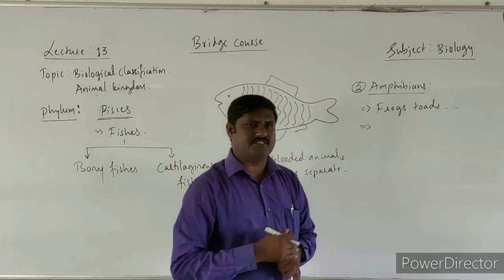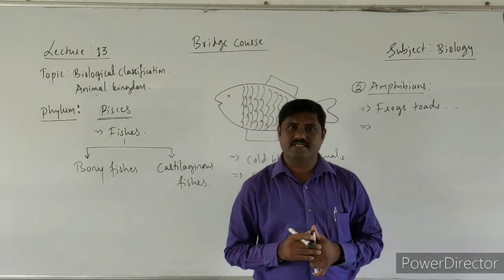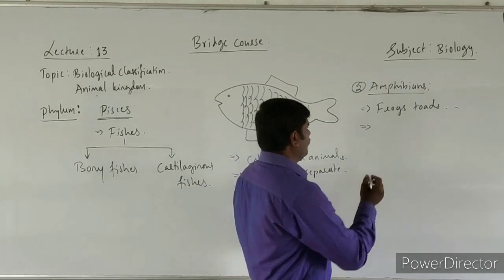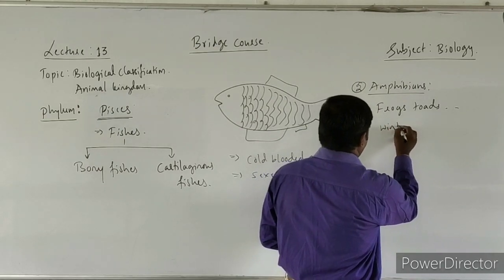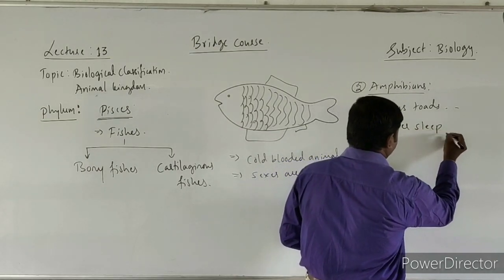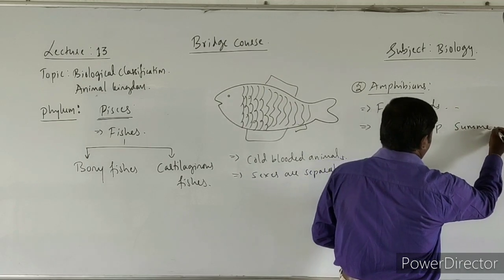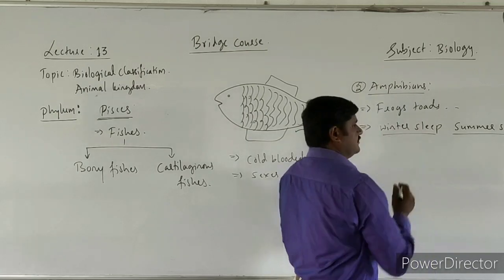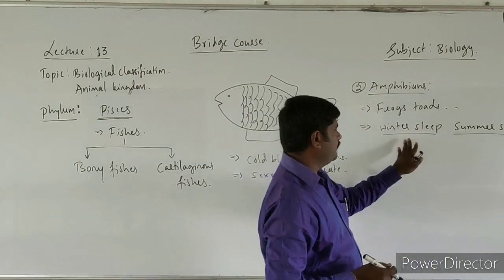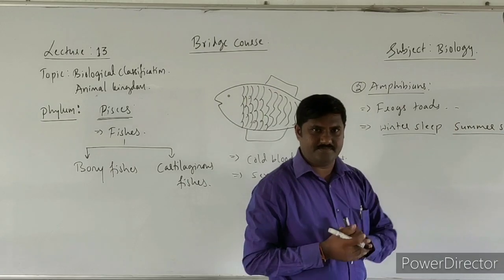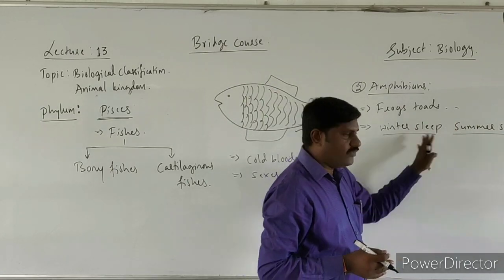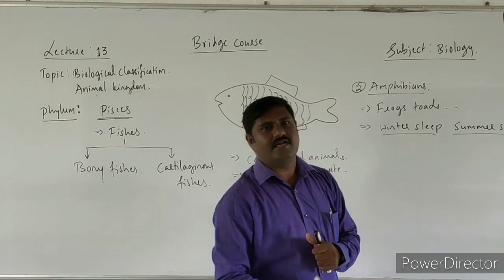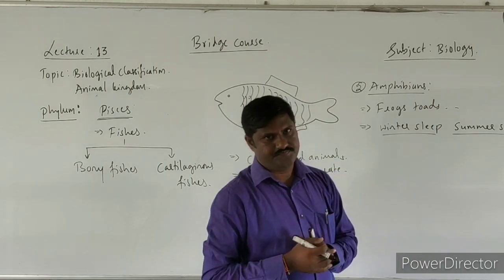The important features: external fertilization is exhibited by these animals, and these animals go for winter sleep and summer sleep. This is a very important feature. One is winter sleep, another one is summer sleep. In both seasons, these animals make burrows in the ground and keep themselves burrowed, right?